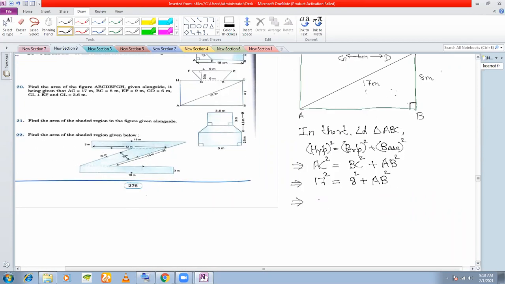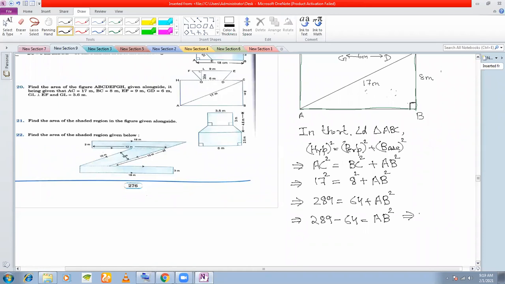So 17 square is 289, and 8 square is 64 plus AB square. That means 289 minus 64. Take 64 on the other side. You get AB square.